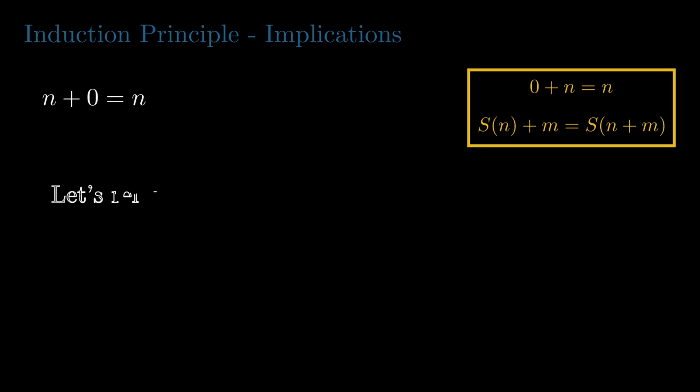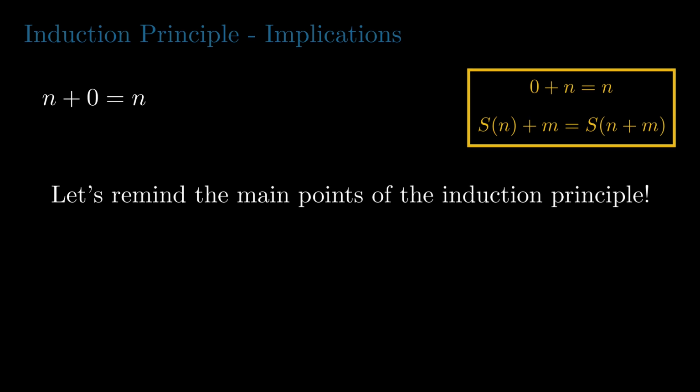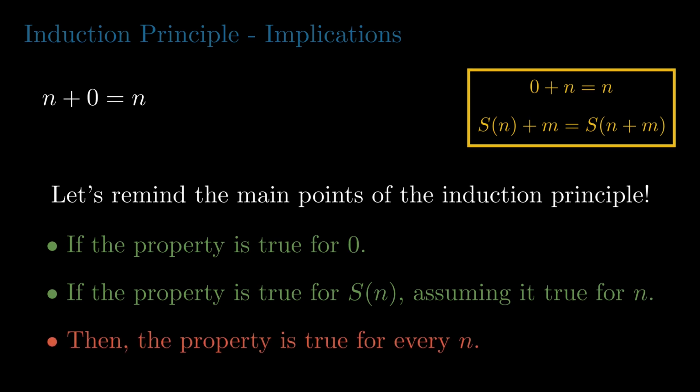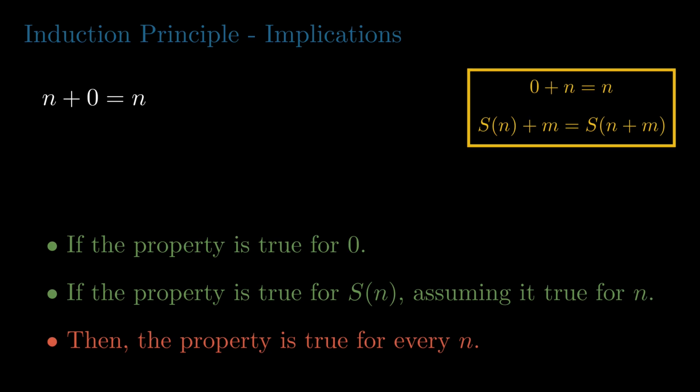Before starting, let's remind the main points of the induction principle. Given a certain property to assess, if the property is true for 0, and if the property is true for S of n, assuming it true for n, then the property is true for every n. Given the first two pieces, we get a general validation of the property.